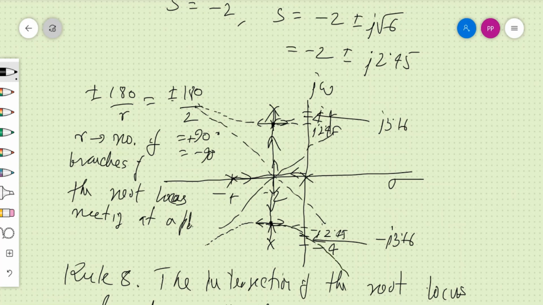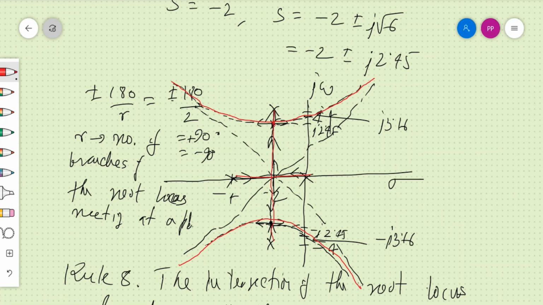So with this we can say that the root locus will cross the imaginary axis like this, and it will reach the asymptote in this way. Here also it will cross the imaginary axis like this, and it will reach the asymptote in this way. See how the root locus will vary over here, then over here, and over here.